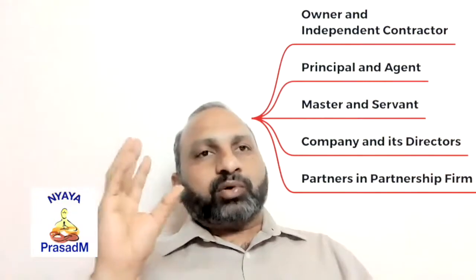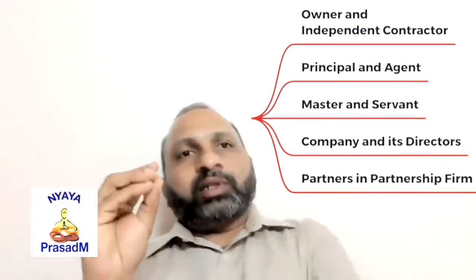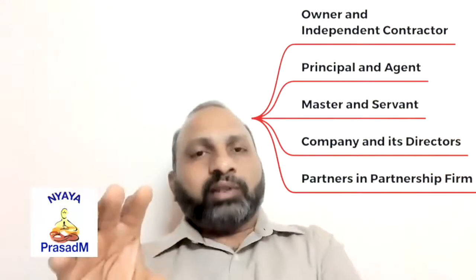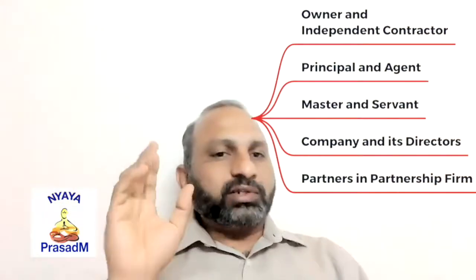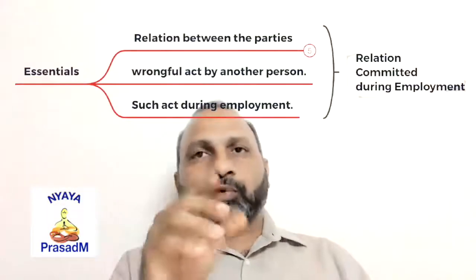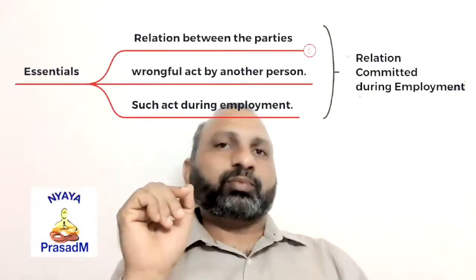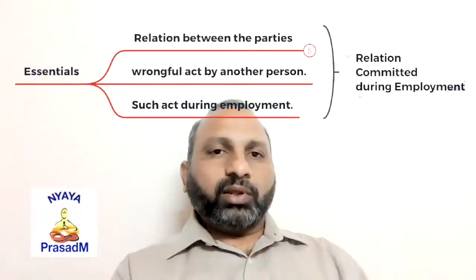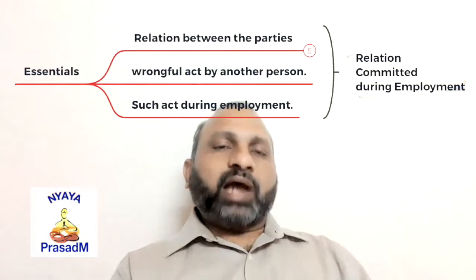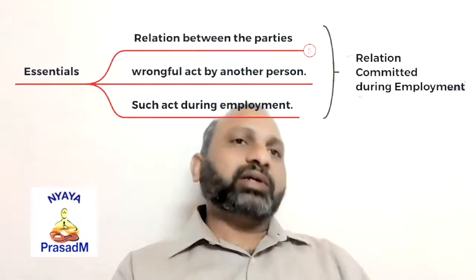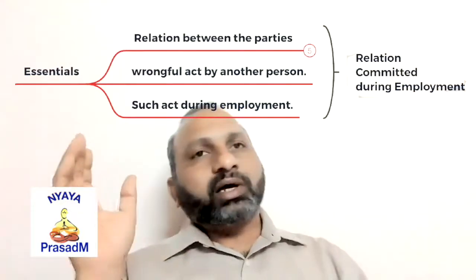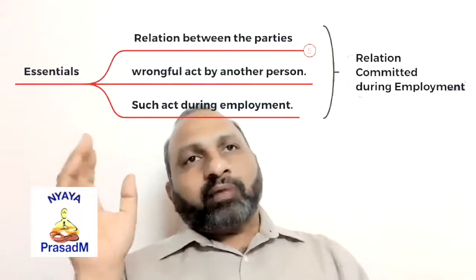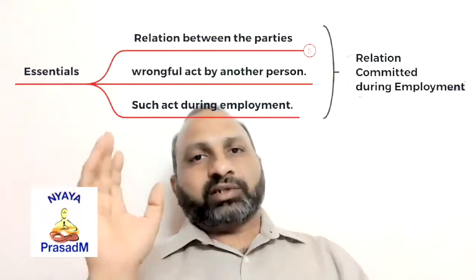So in order to get vicarious liability, the relation among the parties must be one of these, and there must be a wrongful act committed by one of the persons in these related parties, and such act must be committed during the course of employment.